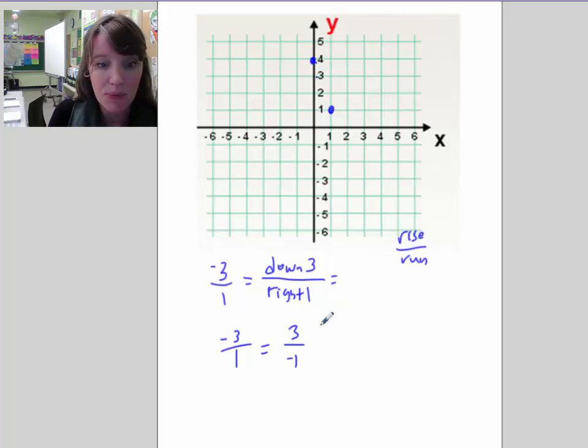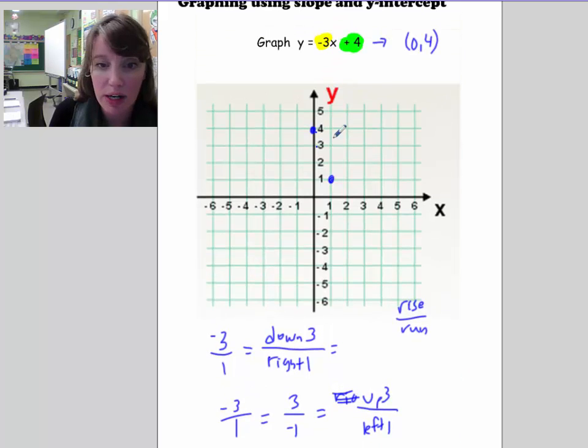They both simplify to -3, so I also could have gone up 3 and left 1. So if I had gone from this area here, up 1, 2, 3, and left 1, I would have gotten this point.